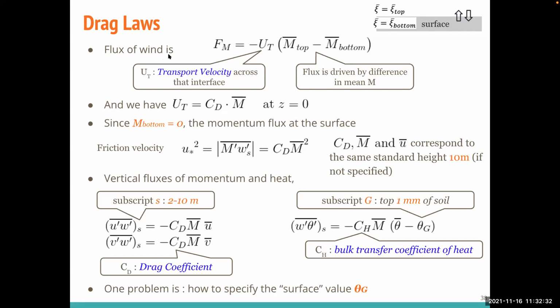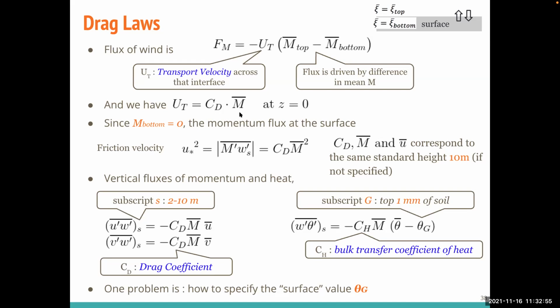Okay, so the flux of wind, now we replace the eta with M here is for the flux of wind, right? Or the wind flux or the momentum flux. Okay, so here the flux is driven by the difference between the mean wind, and we parameterize this UT in terms of the M bar again.